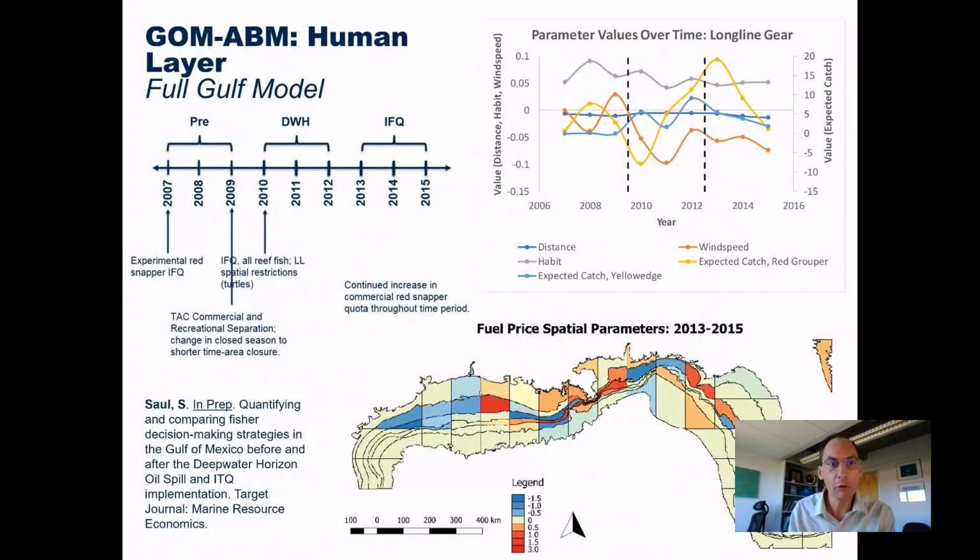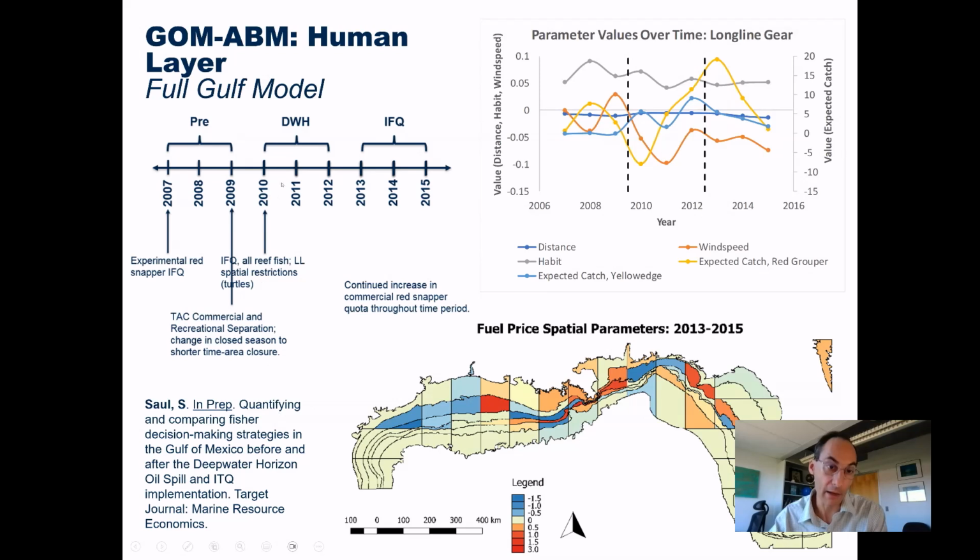In the full Gulf model, we parsed time into these three blocks. So this pre-time period, which was before Deepwater Horizon and before the individual transferable quota system was put in place for most of the reef fish species. Then there's this sort of Deepwater Horizon / IFQ period, and then this sort of pure IFQ period.